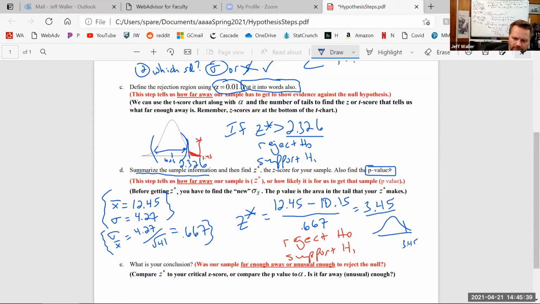So can you guys figure out the area in the tail of 3.45? What's this little tiny area up there? Oh, this is old school. You got to look back at your z-score chart, all that kind of business.